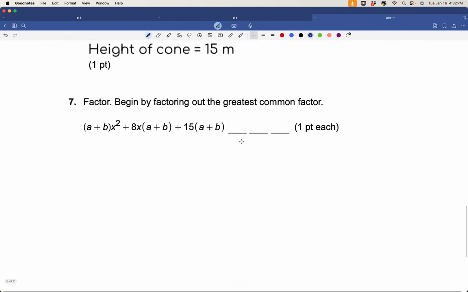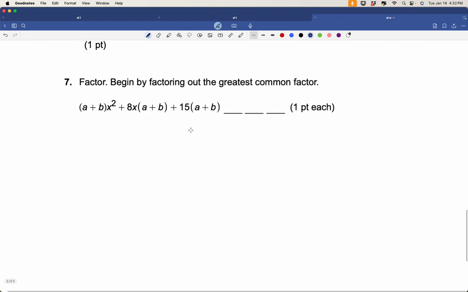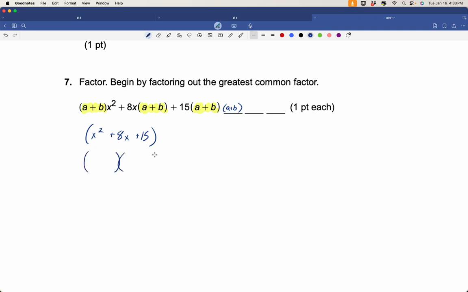Let's look at number 7, and then we're done. So begin by factoring out the greatest common factor. Again, a plus b, a plus b, a plus b. So the first one is going to be a plus b. How about that? Then we have x squared plus 8x plus 15. So we factor that into binomials.